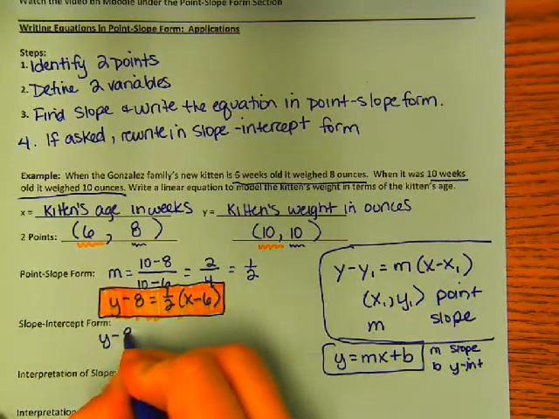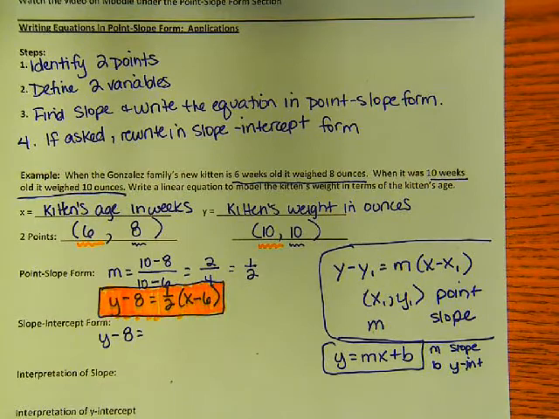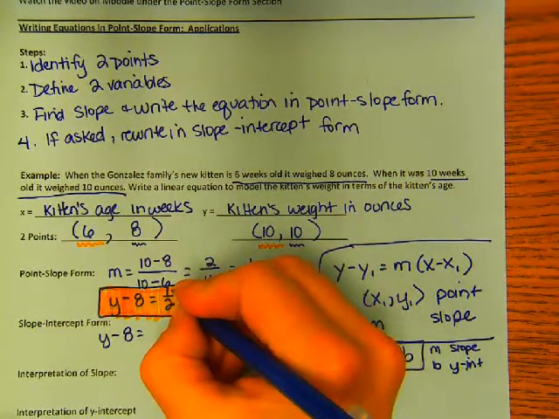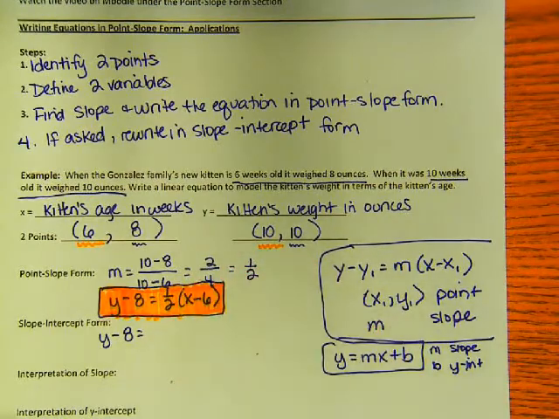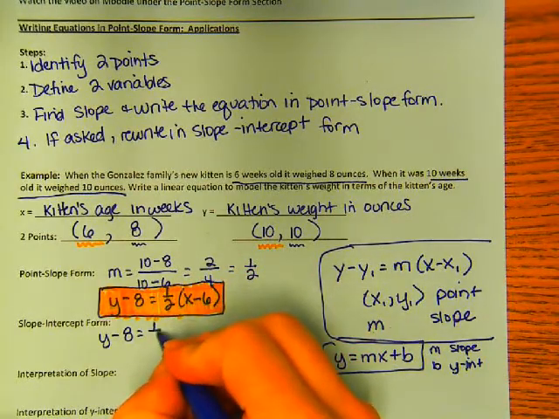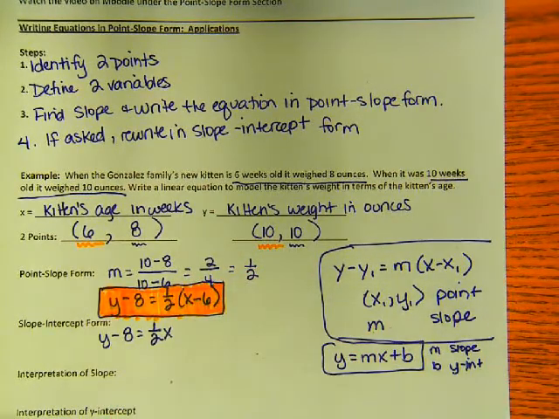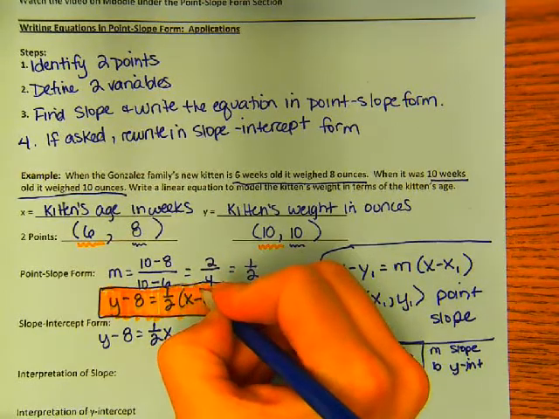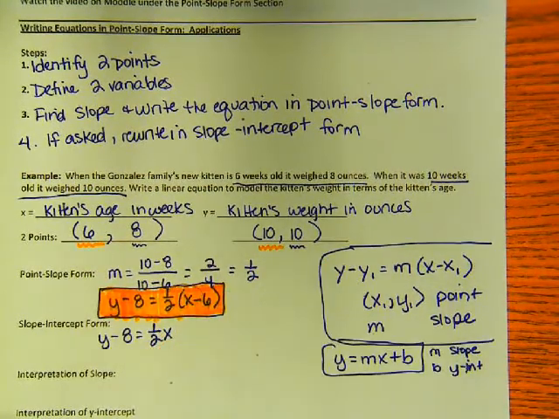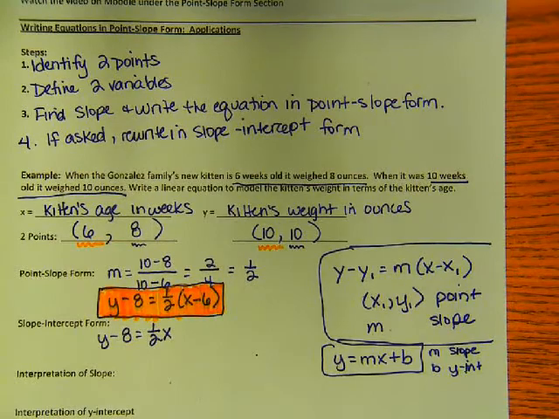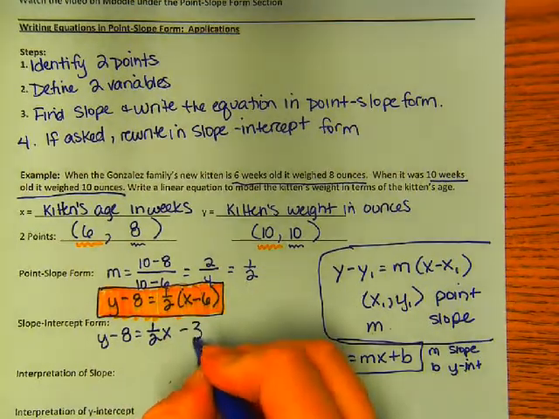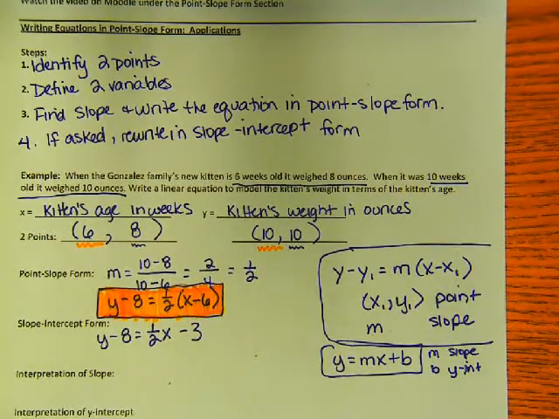When I distribute this 1/2, 1/2 times x would give me 1/2 x. And then 1/2 times a negative 6 would give me a negative 3. And finally, I would need y alone.